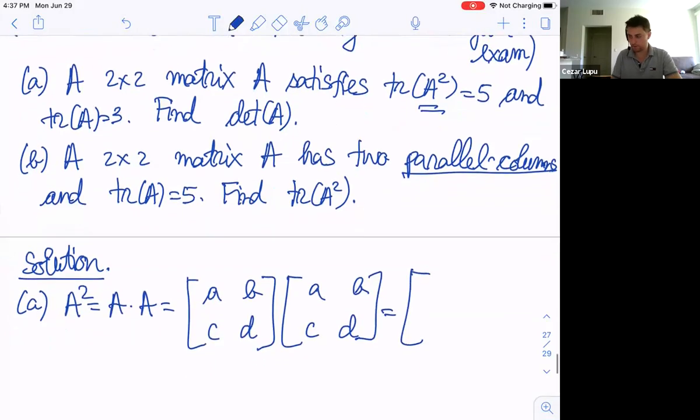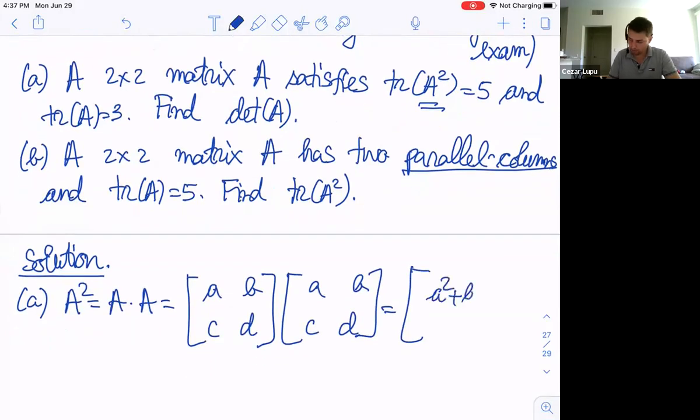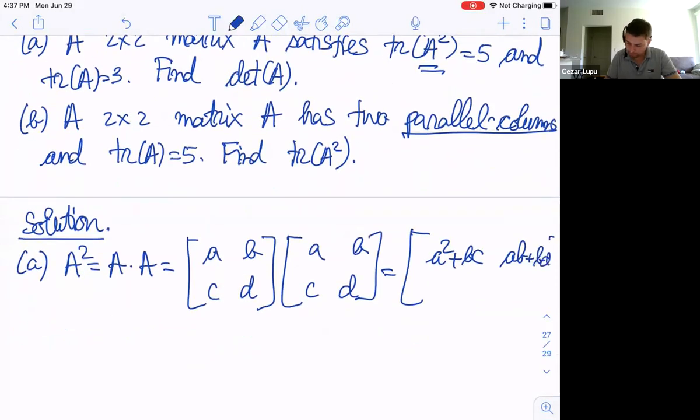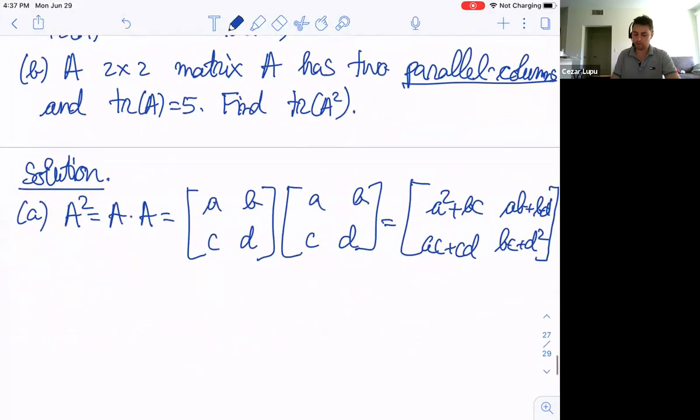Once we multiply all this, it gives a squared plus bc, ab plus bd, ac plus cd, and bc plus d squared. I hope I didn't make any mistake.